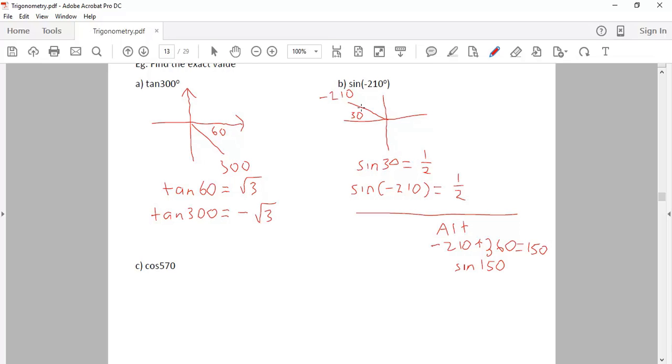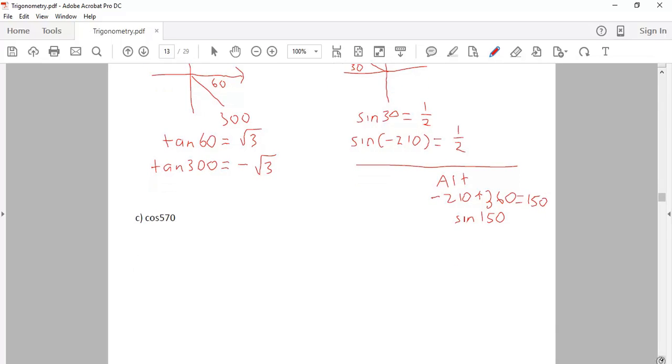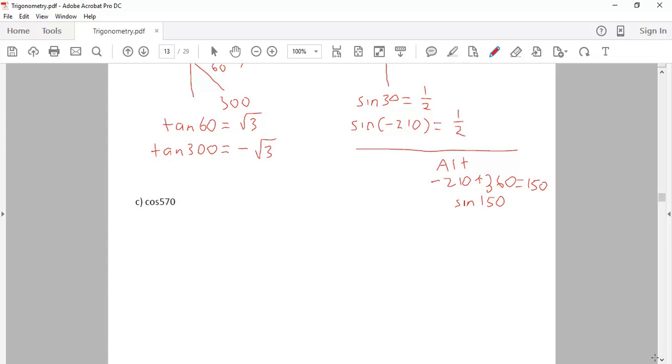So next one, we need a similar idea. Cos 570, because we don't want to go around twice, we're just going to minus 360 from it. And you'd get 210.